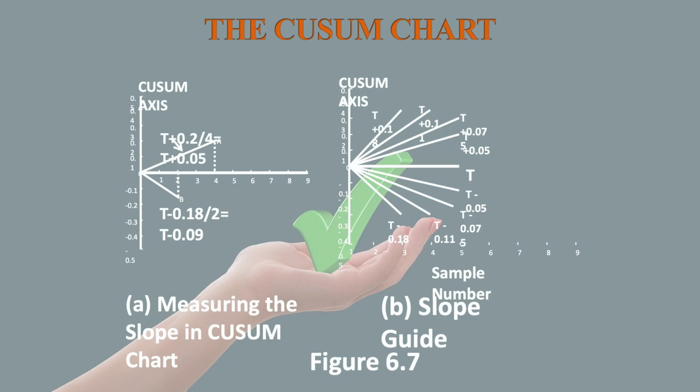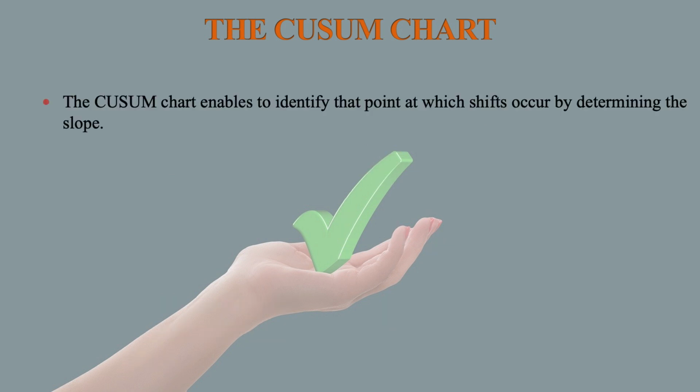So for the sample size, if you calculate the Q-sum, we can plot the diagram measuring the slope in Q-sum chart, where the vertical axis is the Q-sum axis and the horizontal axis is the samples. The Q-sum chart enables us to identify the point at which shifts occur by determining the slope.